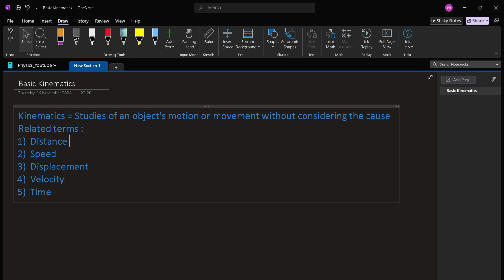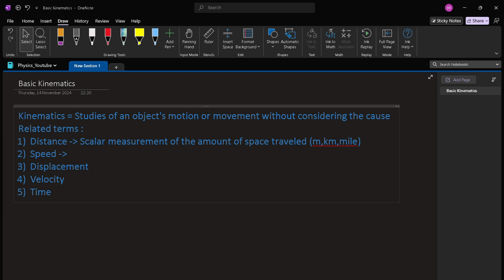Now the first one, distance. What is distance? Distance is a scalar measurement of the amount of space traveled, and distance has the unit of meters or kilometers, or some use miles.